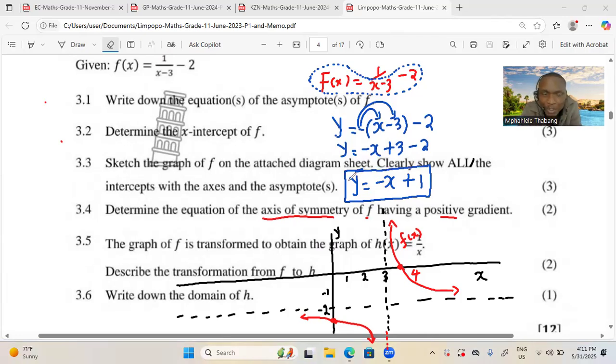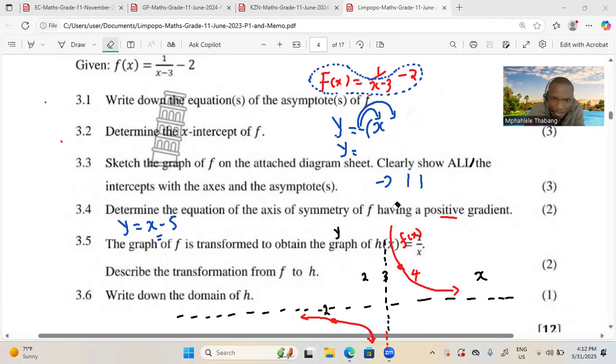So you must be able to find the axis of symmetry of a hyperbola function, the one that has a positive gradient and the one that has a negative gradient. Okay, so that was 3.4. The answer was y equals x minus 5. This is the axis of symmetry with a positive gradient. Now let's go to 3.5.